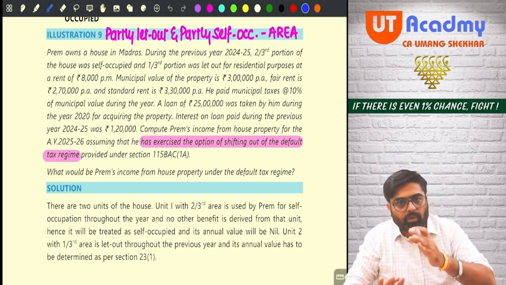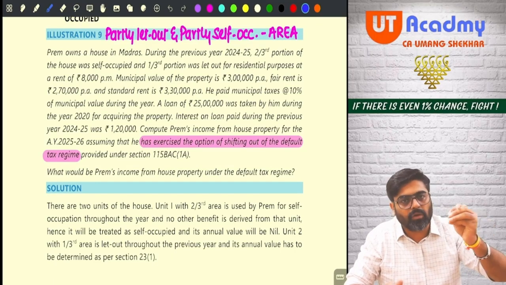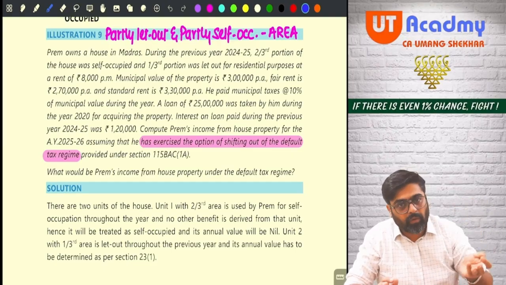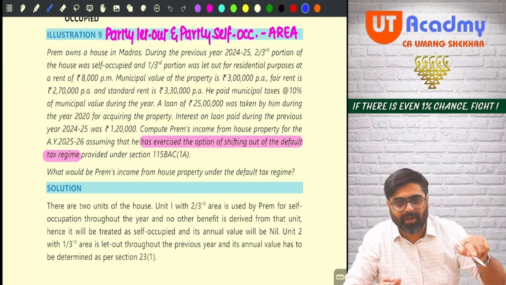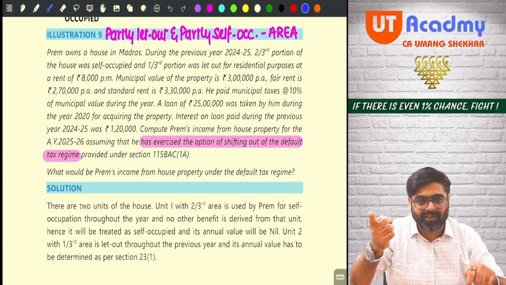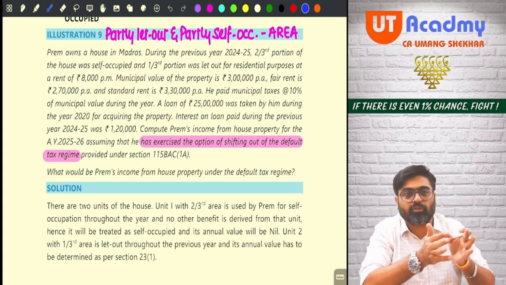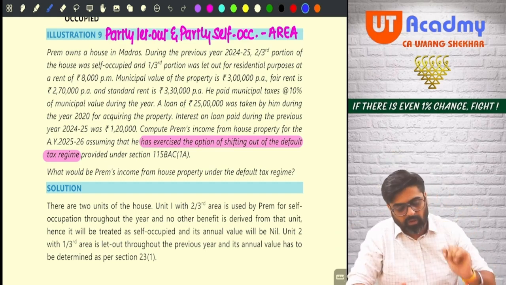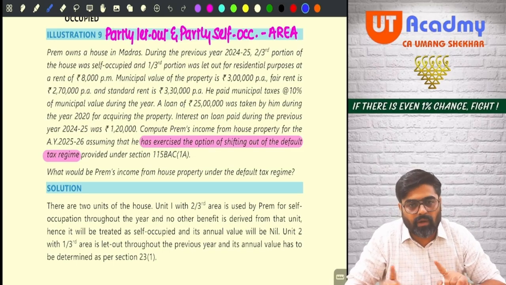What about that area which is self-occupied? We will consider that part also a separate property that will be treated as SOP, and the annual value can be claimed as exempt, provided this is the only SOP you are having, or along with this one more SOP you are having. But if you already have 2 SOPs for which you are claiming exemption, then this SOP portion will be treated as your DLOP.